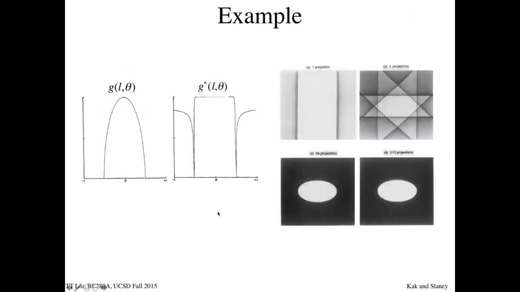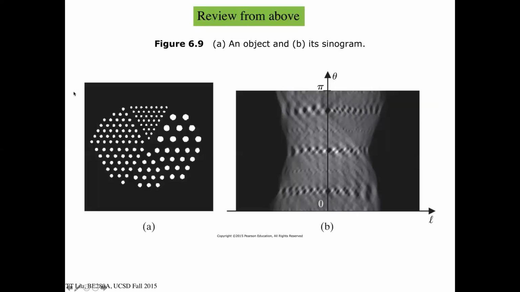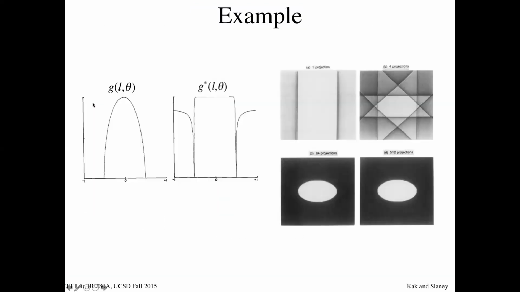So let's see how that changes things. Remember, we had the example where we had a disk at different angles, and we back projected and got a blurry version of a disk for our image with simple back projection. Okay. So here's our data that we've measured, which is GL theta. That's what's on our detector.